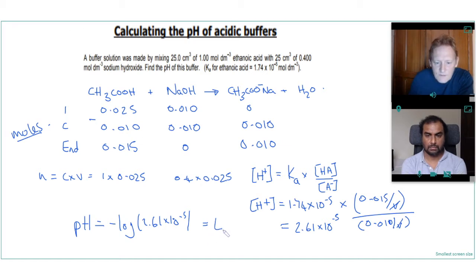Which gives us 4.58, which is what we'd expect for an acid buffer solution pH.